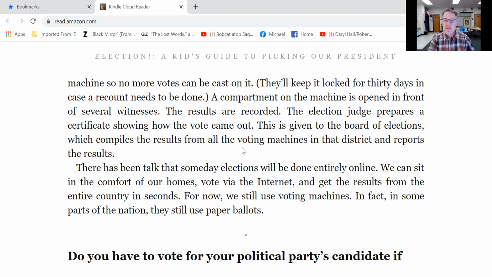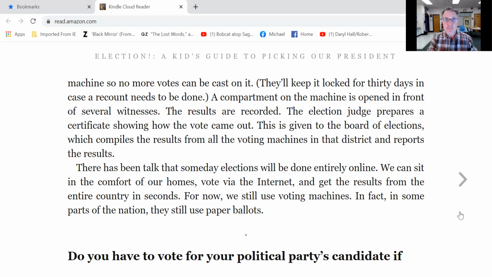There has been talk that someday elections will be done entirely online, but even with all of our technology, the fear is once it goes out into the internet, people are going to figure out ways to break into the system and twist up all the voting, and people might have the ability to do that who aren't even American citizens, who just want to upset the process here in America.